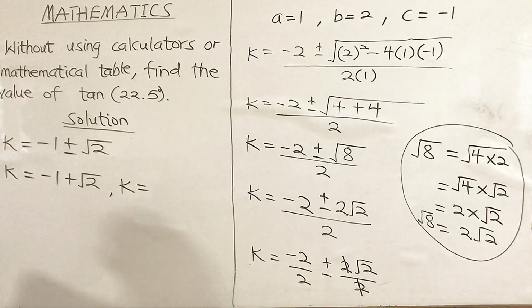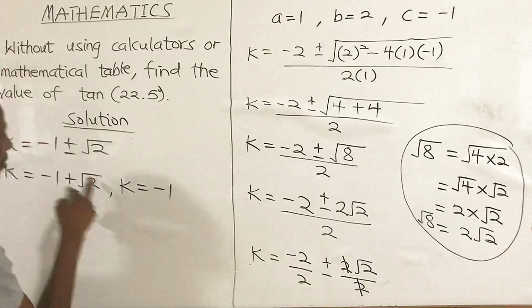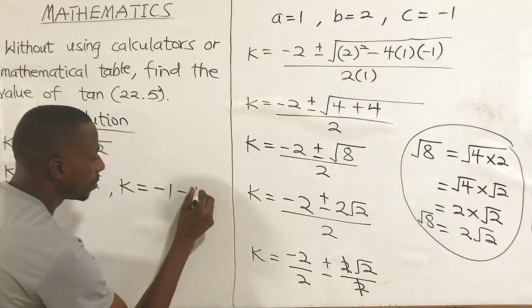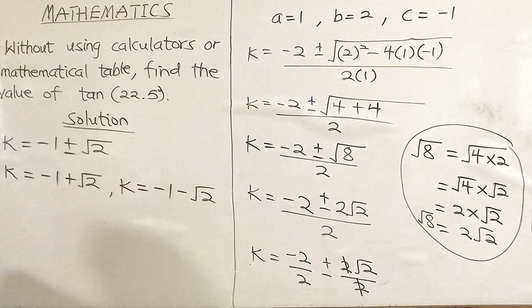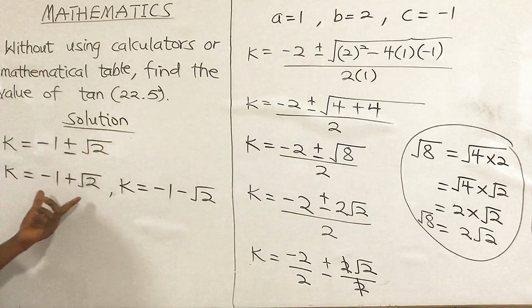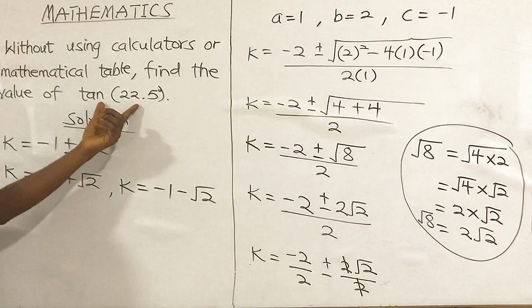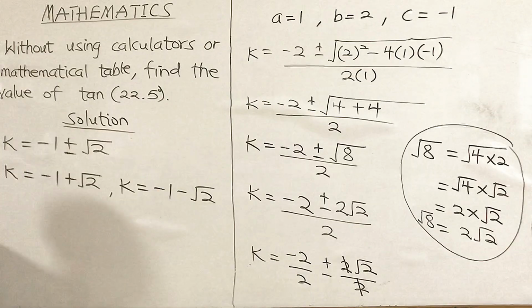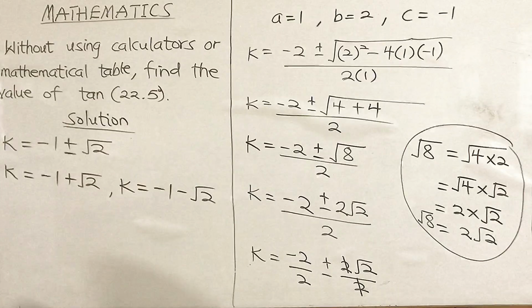Then the other value is going to be negative 1. Then I'll pick the second sign, minus root 2. But at this point, we need to get the value that will give us the same answers from here. So from here, we need to test.